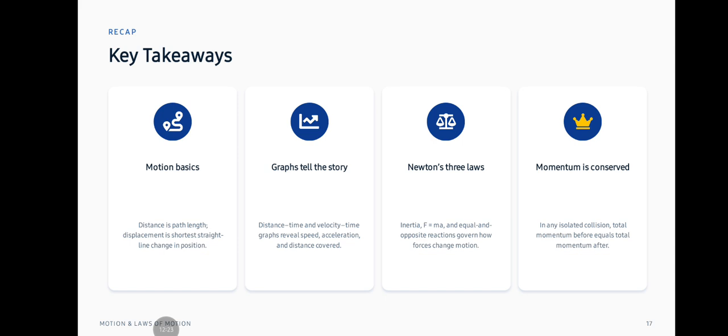Newton's 3 laws, inertia, F equals ma, and equal and opposite reactions govern how forces change motion. Last, momentum is conserved. In any isolated collision, total momentum before equals total momentum after.